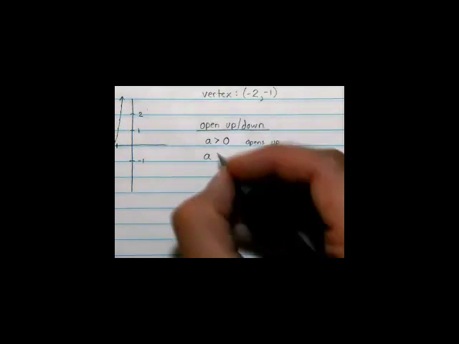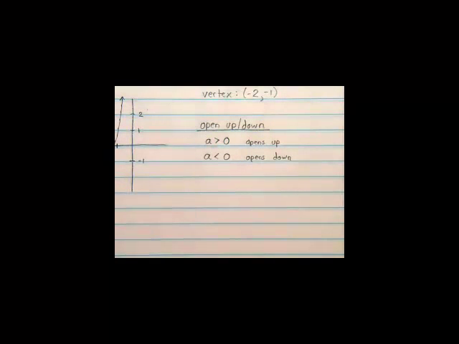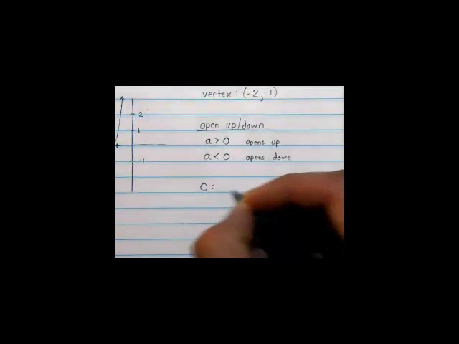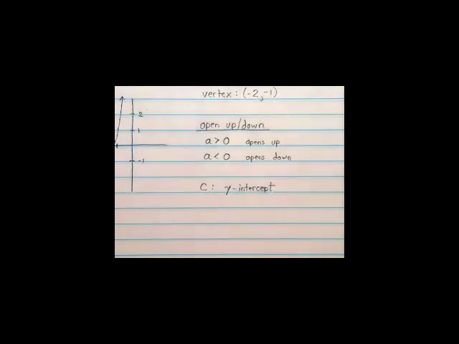If that leading coefficient a is less than 0, it opens down. And then we also use c to help us out. That's a y-intercept, which will help give you an idea of scale as far as how much it stretches out, that sort of thing.